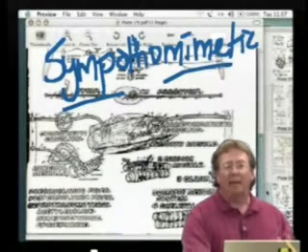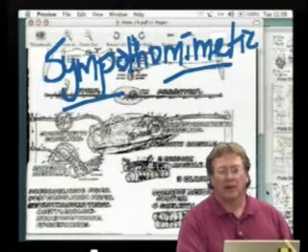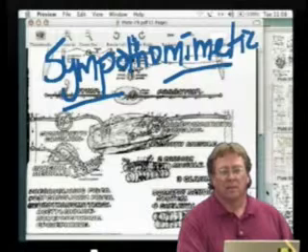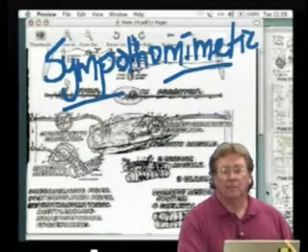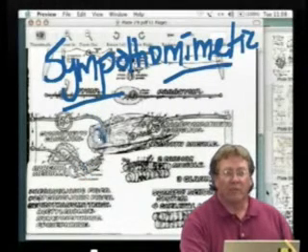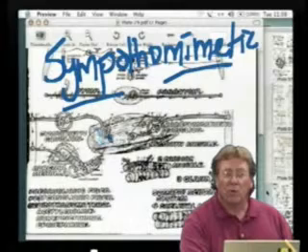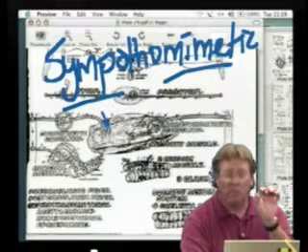Norepinephrine and epinephrine have many similar effects. Epinephrine is released into the blood. Norepinephrine is released primarily at the postganglionic, very narrow, very small window of action.